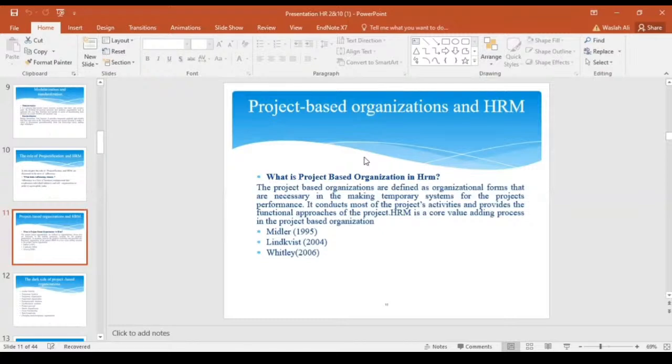Then Keegan in 2004 analyzed that human resource management is project managed in the context of research and development. But in 2005 and 2006, others discussed the different types of project-based firms and identified that every firm has its own measures and standards for human resources during a project process.